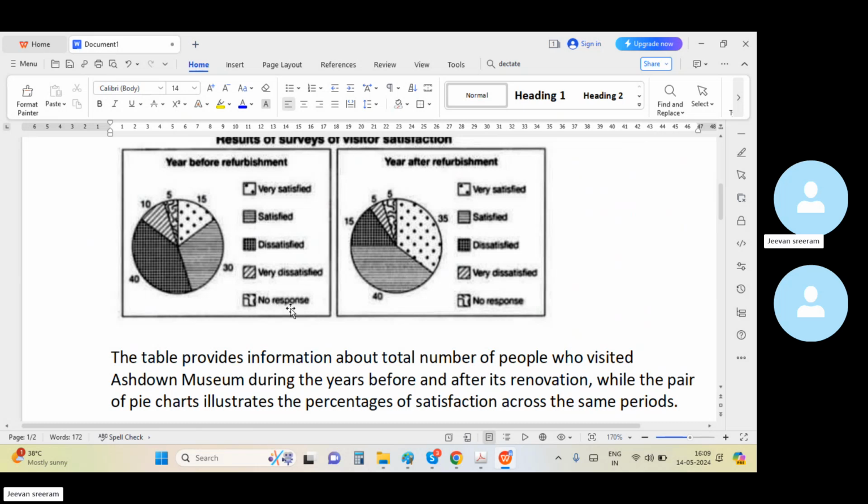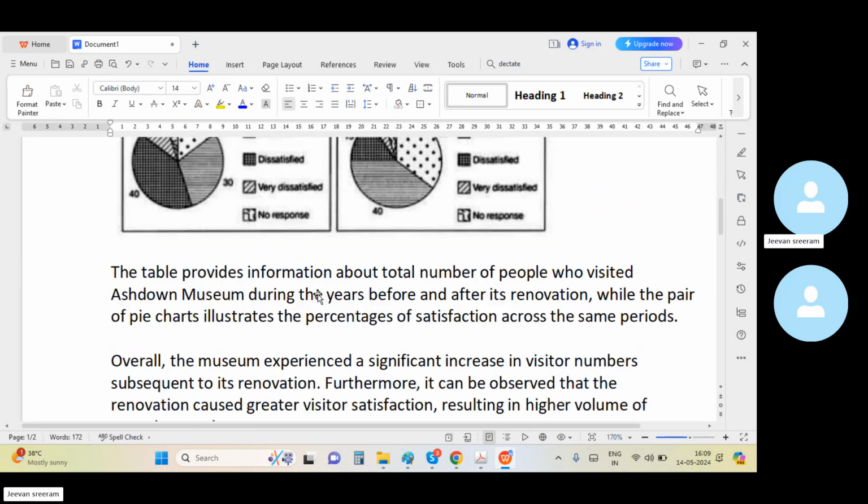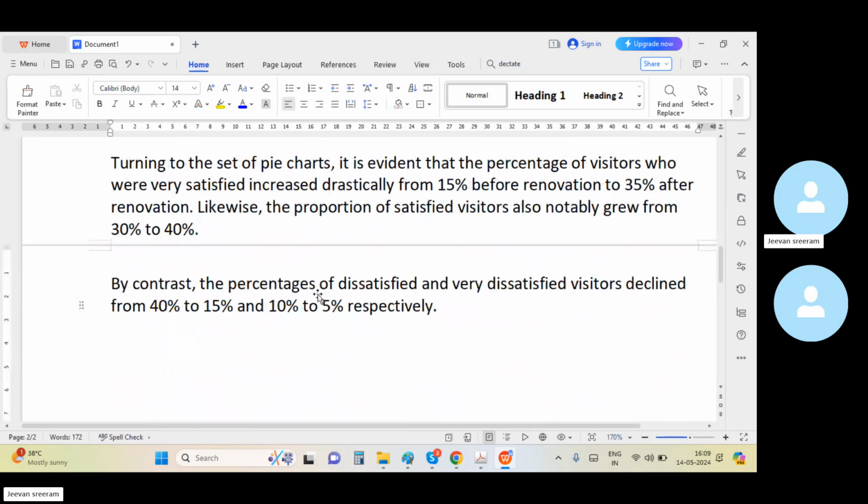But we have a phrase here, no response. No response is a phrase, not a combination of adjective and adverb. Dissatisfied is an adjective, so adjectives and adverbs can simply be placed just before the noun phrase the sentence starts with, making the overall sentence meaningful. But no response cannot be written just before the noun phrase with which the sentence starts. So you can change that into a verb like this.